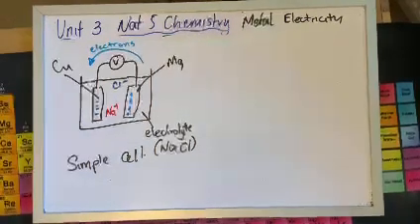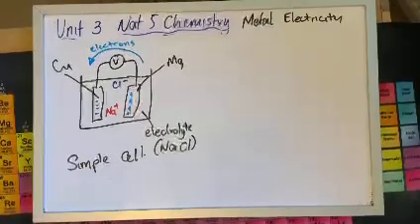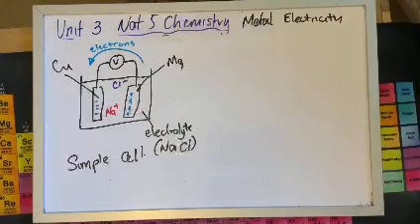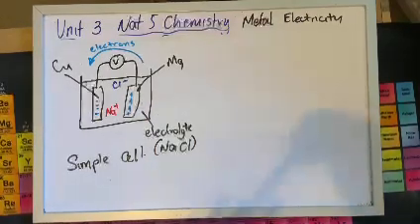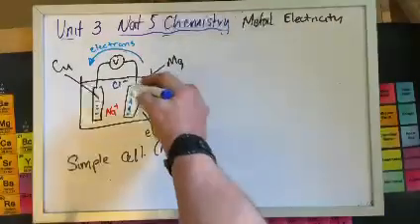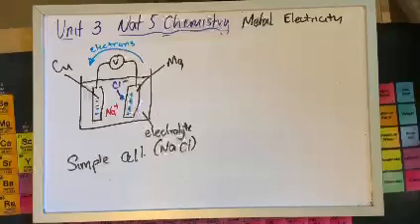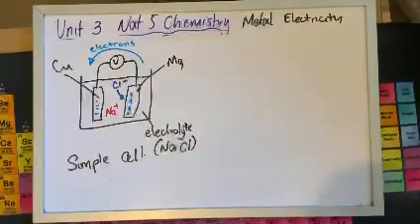This means that we get a build-up of a negative charge on the copper and a build-up of a positive charge on the magnesium. This will mean that the negative chloride ions will be attracted to the positive magnesium. So they will come here, transferring over their electron to keep the circuit going.